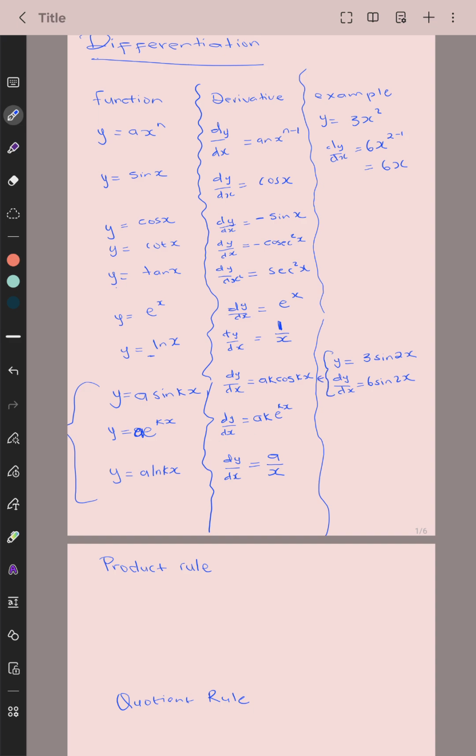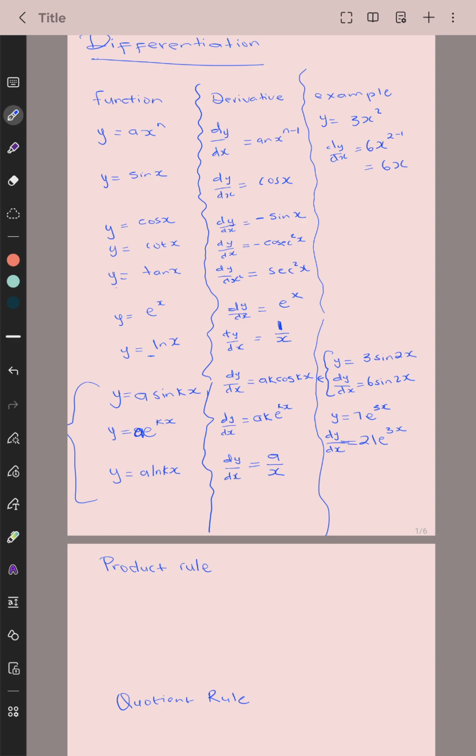Then let's look at this one. Let's have y equals 7 e to the power 3x. Then dy/dx is equal to 3 times 7, which is 21 e to the power 3x.